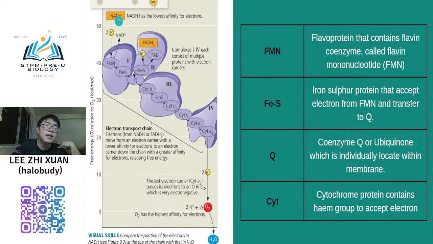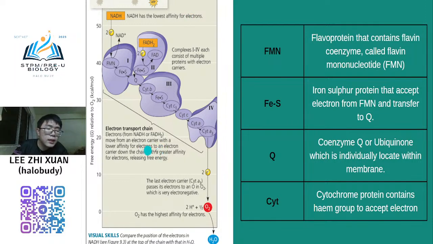So for NADH, it carry electron, but it has the lowest affinity. Maksudnya electron hanya boleh bind dekat sini. Dia tak boleh bind dekat sini. Dia tak boleh suka-suka bind ke protein complex because it has the lowest affinity.